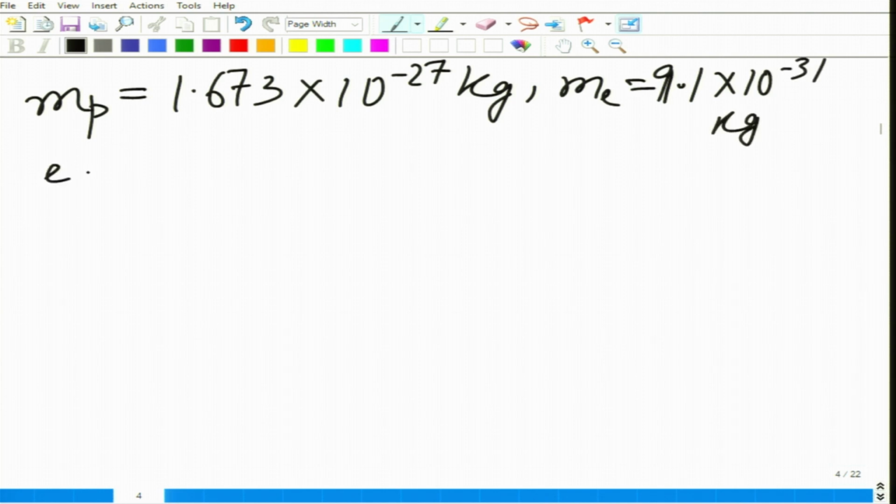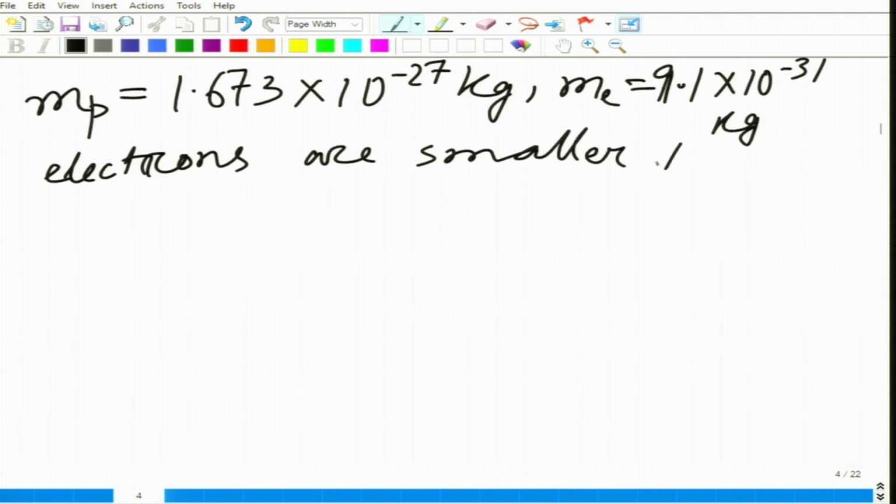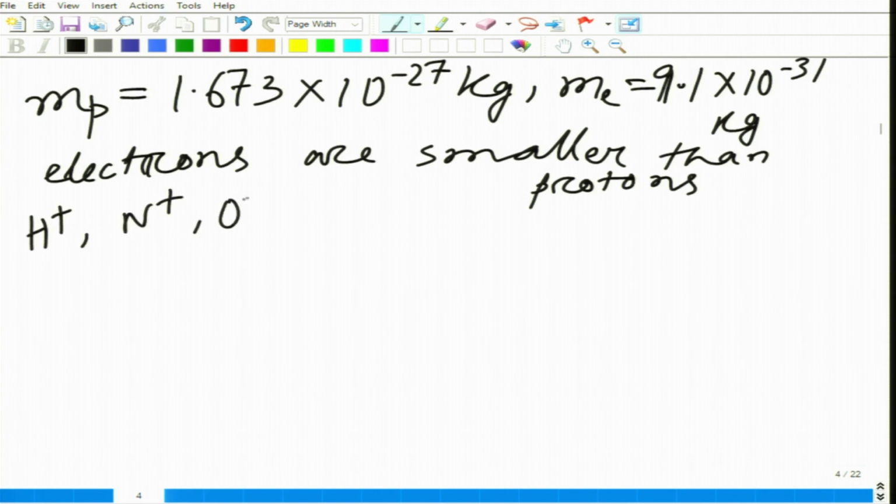So, electrons are much smaller than protons. Since protons are bigger and proton is just H plus, other cations like N plus, O plus were much bigger than H plus ion.